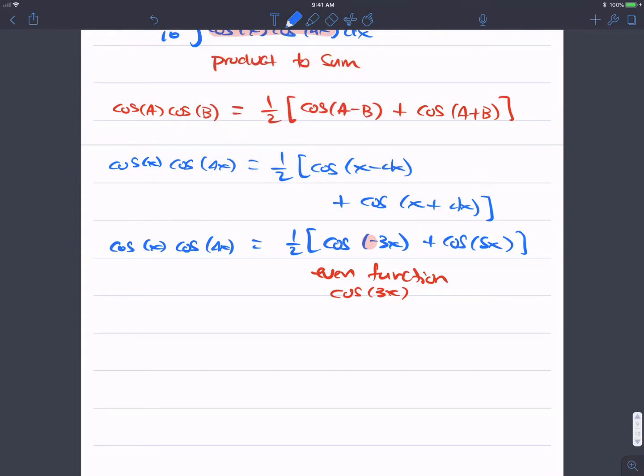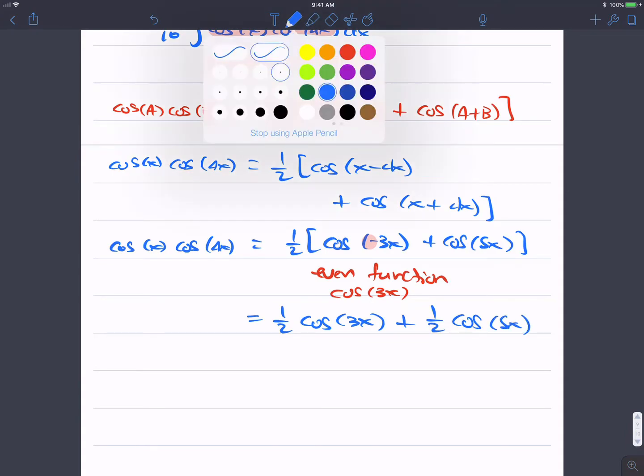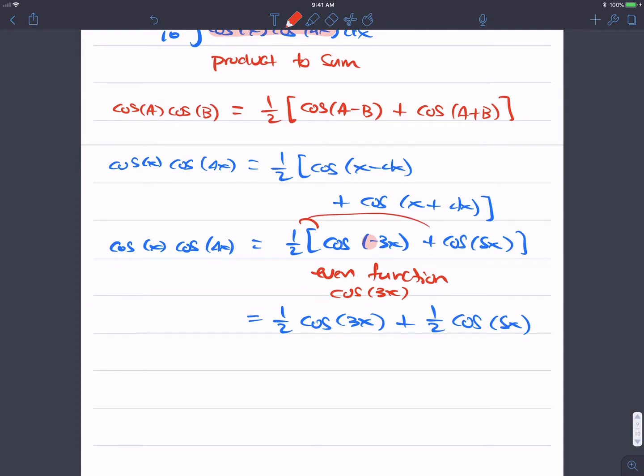So this becomes 1/2 cosine 3x plus, if I also distribute, cosine 5x. So I'm going to do both things: distribute the 1/2, and use the fact that cosine's an even function.